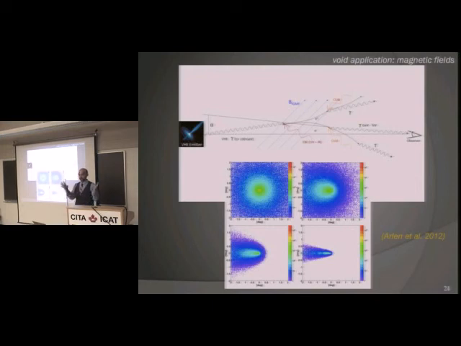Either there's going to be a wide halo that you can see with even a low resolution instrument, or there's going to be no halo at all. There aren't a lot of in-between cases because it really depends on the amount of voidness between us and the emitter and the strength of the magnetic fields in those voids. You either get a big halo or you get almost no halo at all.